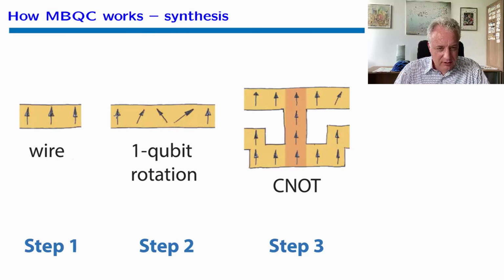Next, here's an equally complicated way of doing something, namely the one-qubit rotations, by measuring qubits on the cluster. That's the first thing that we'll talk about. And the third thing we would have to talk about is the CNOT gate, but I let you do it. So these are the first 3 steps. There are 3 more.